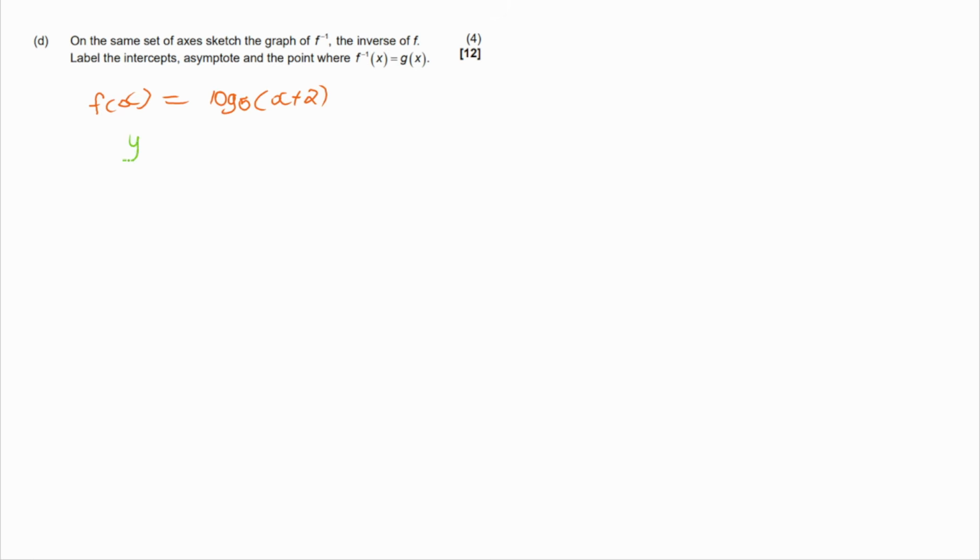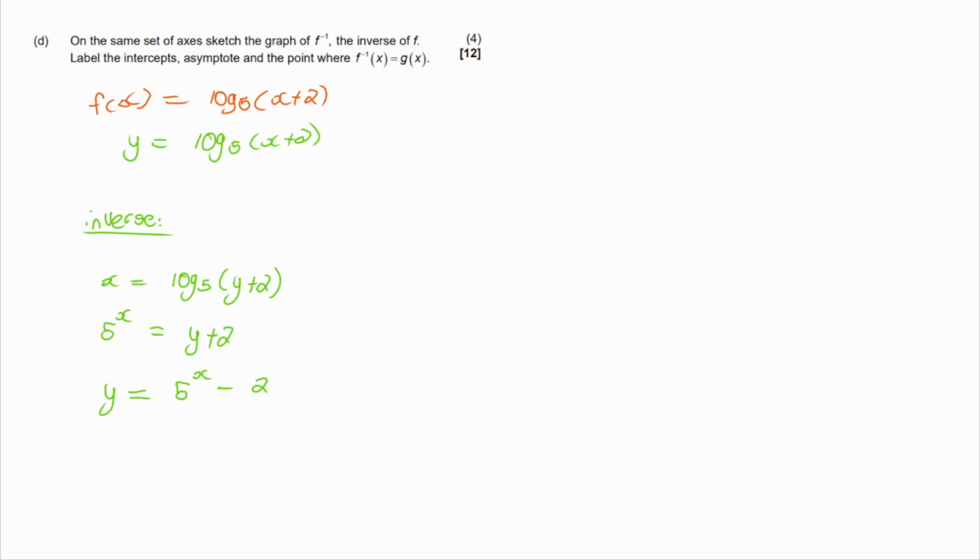We can rewrite this as y = log 5 (x + 2). For the inverse, we just swap the x and y, so we get x = log 5 (y + 2). We want y by itself, so we put everything base 5. So we get 5^x = y + 2, so y = 5^x - 2.